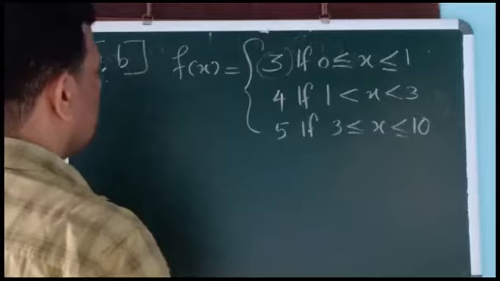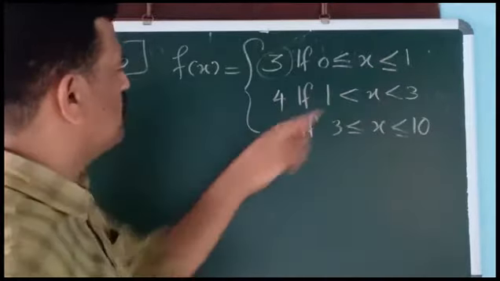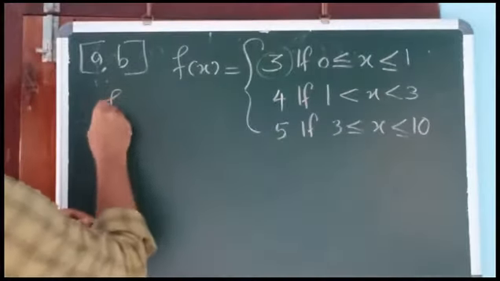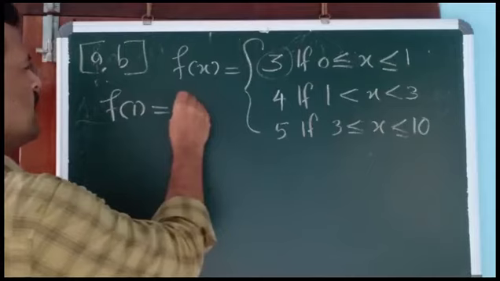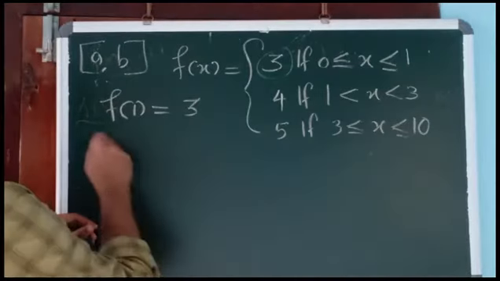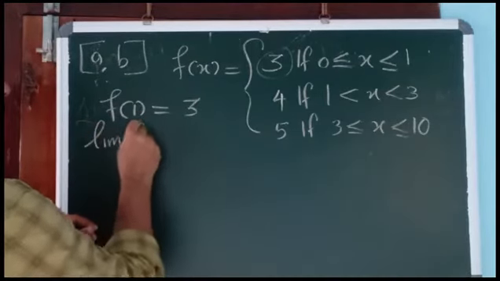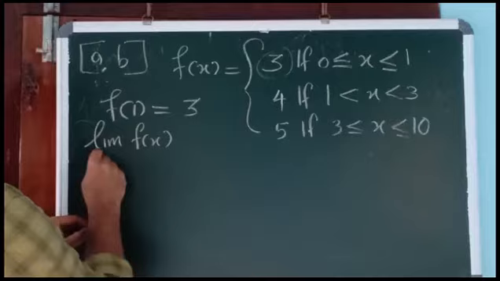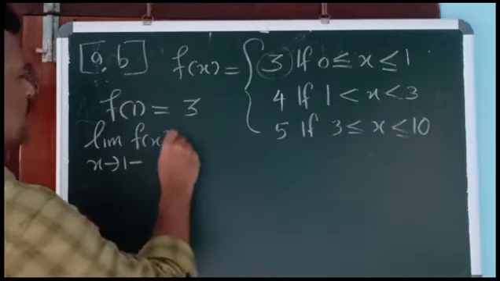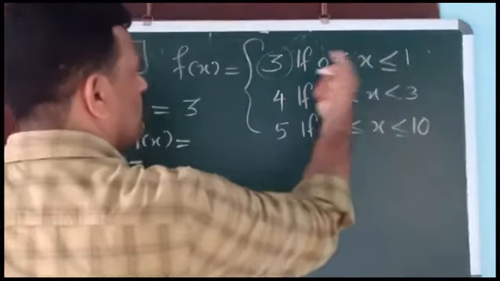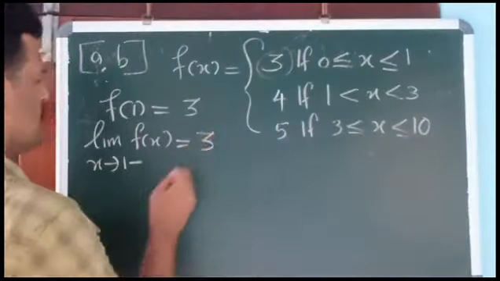Now we have to examine the continuity at x equal to 1. For that, f of 1 is equal to 3. Now, limit f of x as x tends to 1 minus, that is x less than 1, the function is 3.